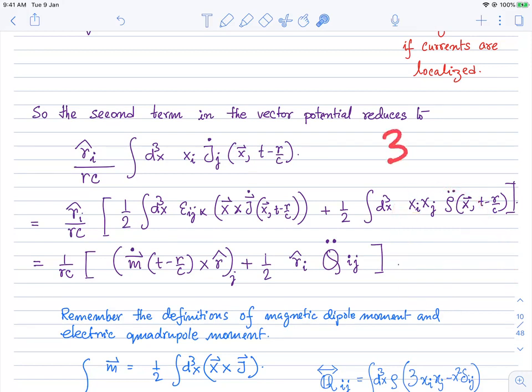The quadrupole moment was 3x_i x_j minus x squared delta_ij. But this is almost like that, except for the delta_ij term, and therefore, anticipating what is to come, I'm going to call this electric quadrupole term with the notation q. We will see soon what happens to that additional term.